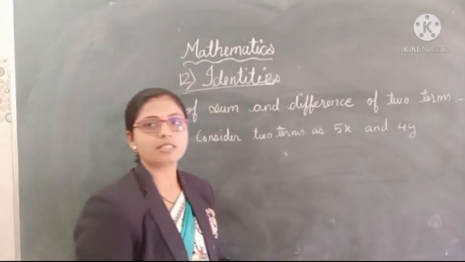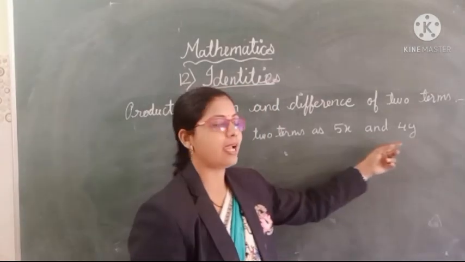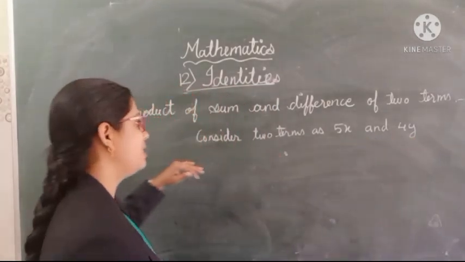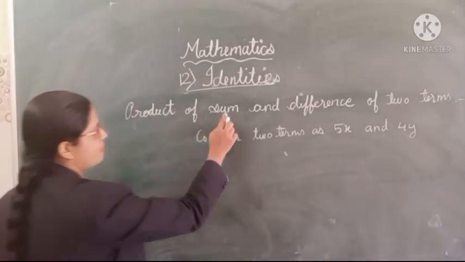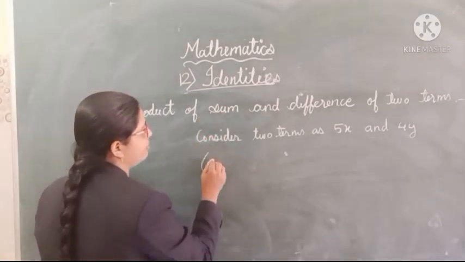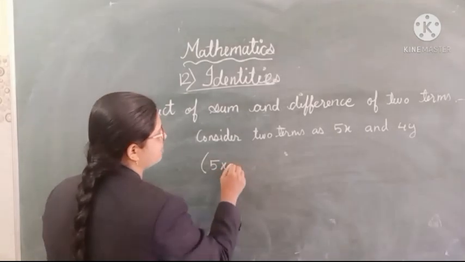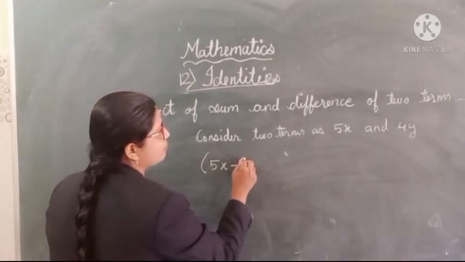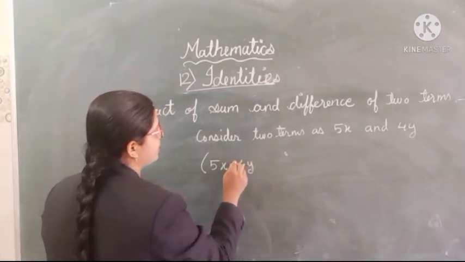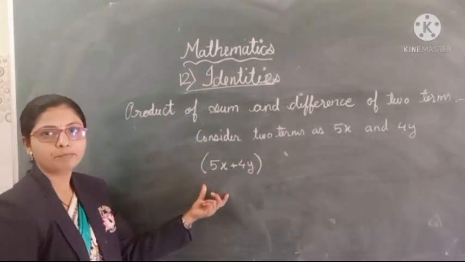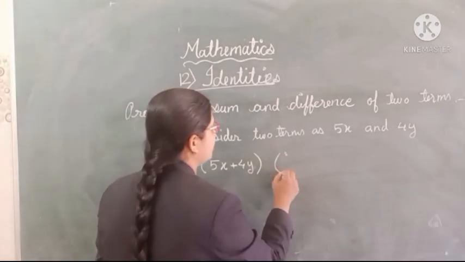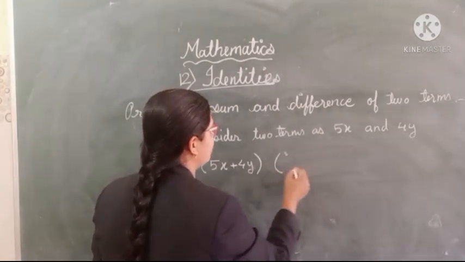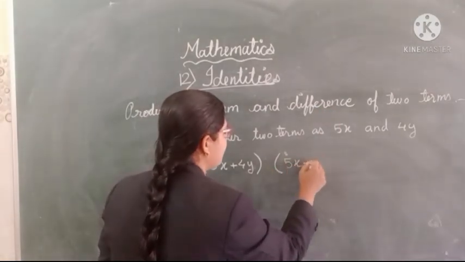Okay, in one bracket we will make the sum of these terms, 5x and 4y, and in another bracket we will make the difference of the two terms, so 5x minus 4y.